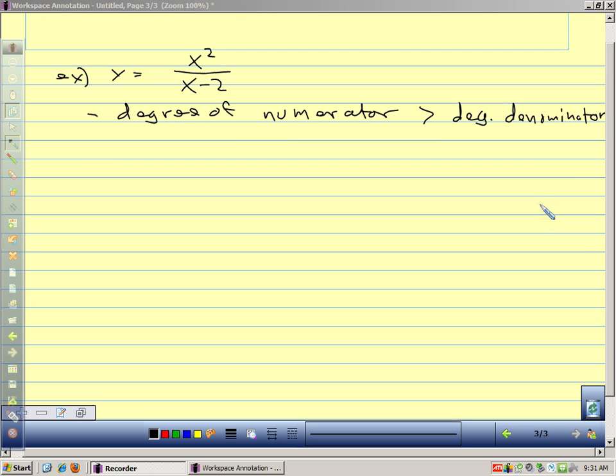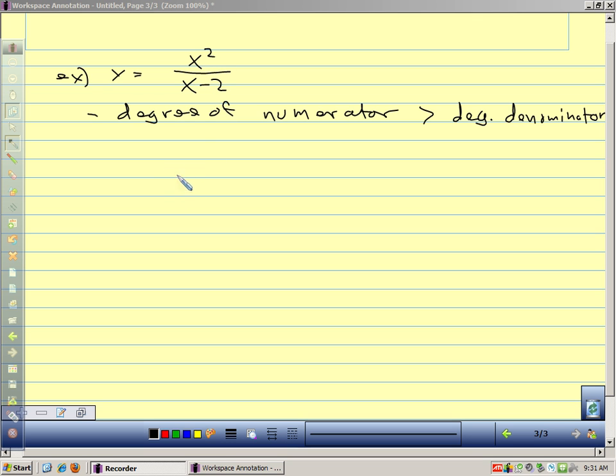But what we need to do is find out what kind of asymptote we do have. And we do that by dividing, using synthetic division or long division, x squared by x minus 2. And when we do that, that's going to tell us what our asymptote looks like. So let's divide x squared by x minus 2.